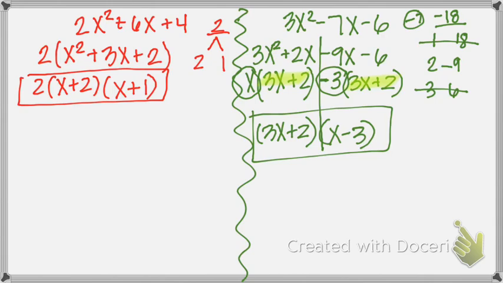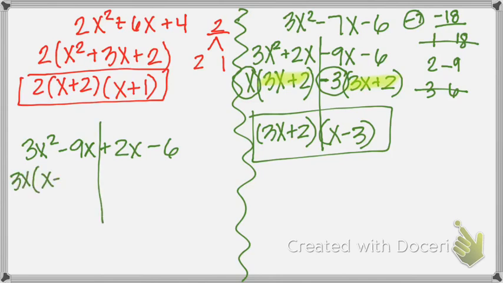Question on the last stage, the grouping part. When you put your 2 terms in the middle, it does not matter which one goes first or second. Had you written 3x squared minus 9x plus 2x minus 6, when I split down the middle, now I'm taking out a 3x over here, and then I'm going to take out a positive 2 over here.